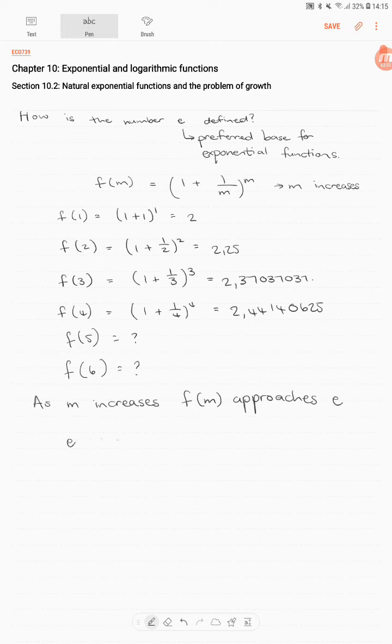That means e is equal to the limit as m approaches infinity of f of m, or the limit as m approaches infinity of 1 plus 1 over m to the power of m.